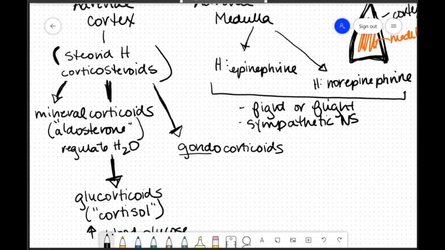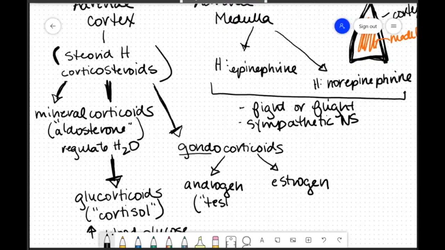We've already talked about these, but to put it into technical terms, a steroid that is produced by the gonads is going to be your androgens and your estrogens. So an example of an androgen is testosterone.